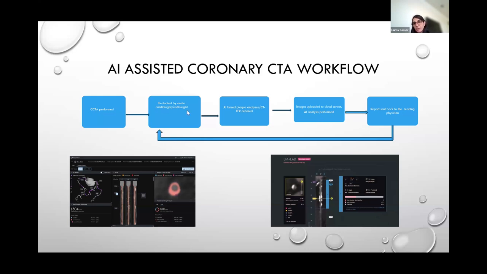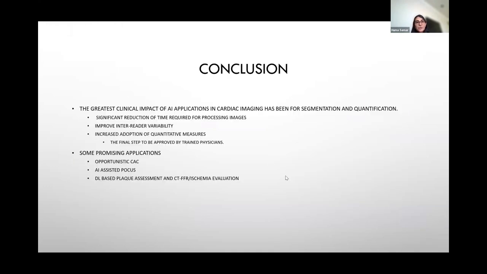And that physician then puts in the final report in the patient's chart, incorporating information that was obtained from these algorithms. So in conclusion, currently at this point in time, the greatest impact that AI is having in cardiac imaging is for segmentation and quantification to reduce the time spent in manual processing and to improve the adoption of quantitative measures, especially in echocardiography.